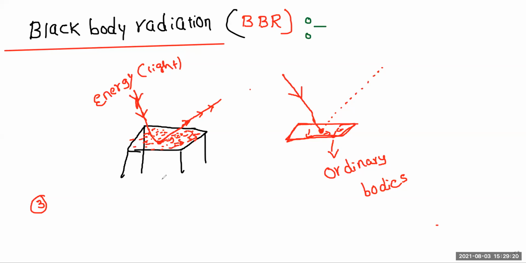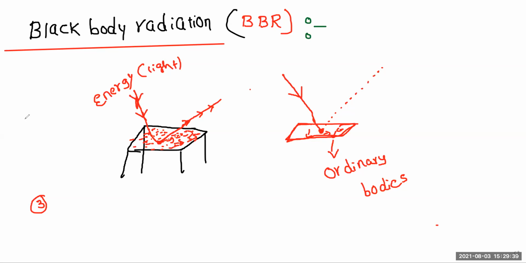Just now we are discussing what the black body property is: when it is absorbing the energy of the radiation, whether it is reflecting, or completely absorbing, or transmission takes place. The properties we are discussing here.